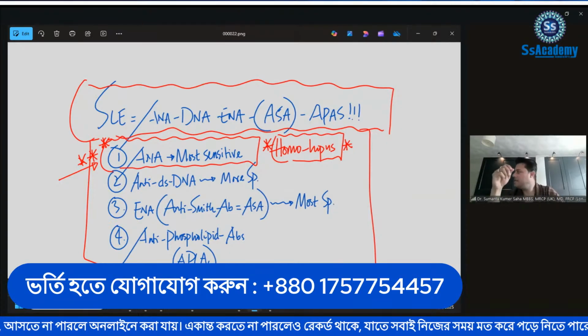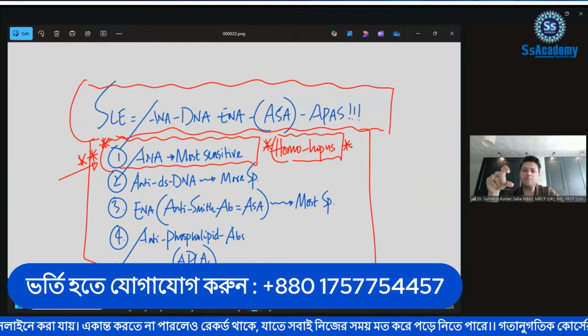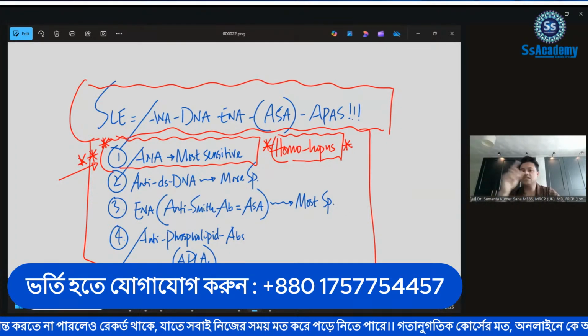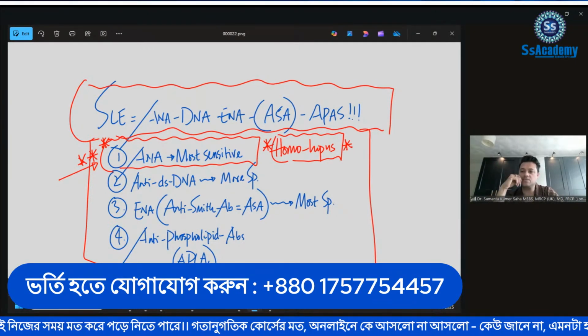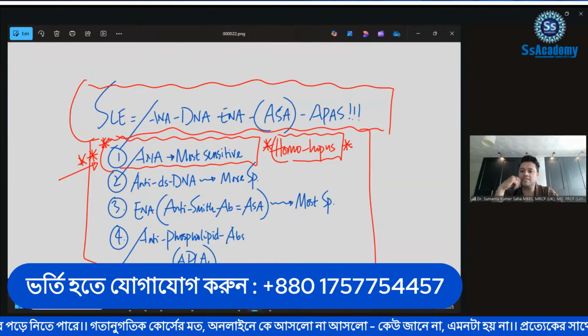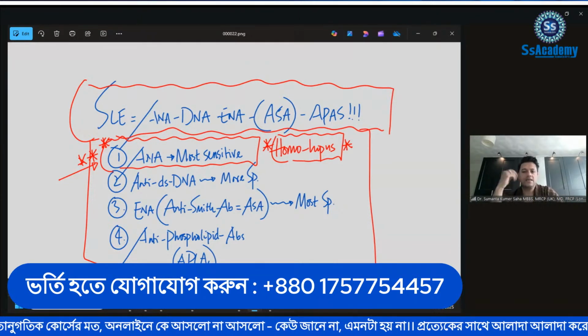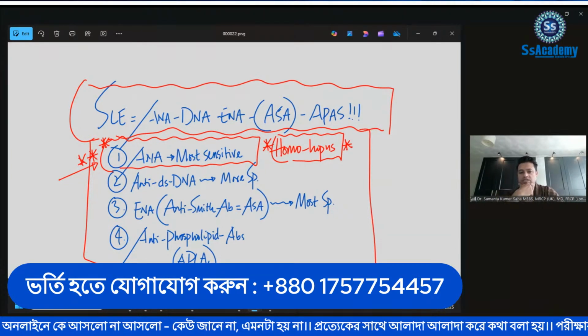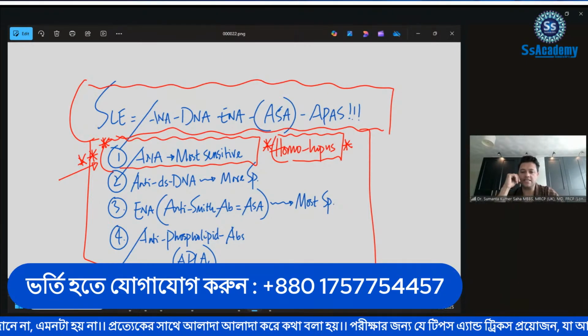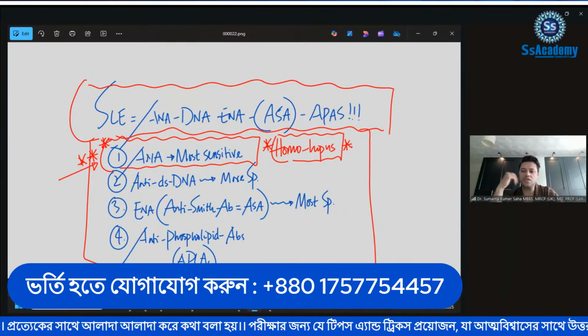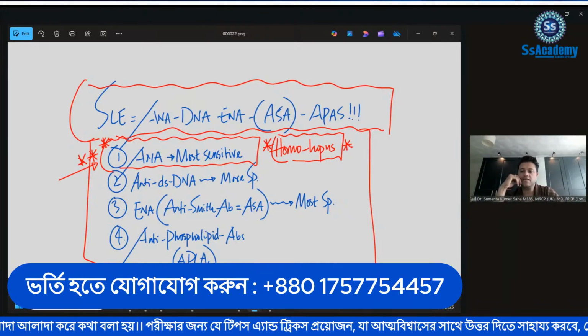Similarly, for example, they will give a scenario: a 23-year-old lady presents with pleuritic chest pain, some joint pains, butterfly rash, and ANA is positive, double-stranded DNA positive, and the diagnosis of SLE is made. Now the GP refers to the rheumatologist to start the treatment.